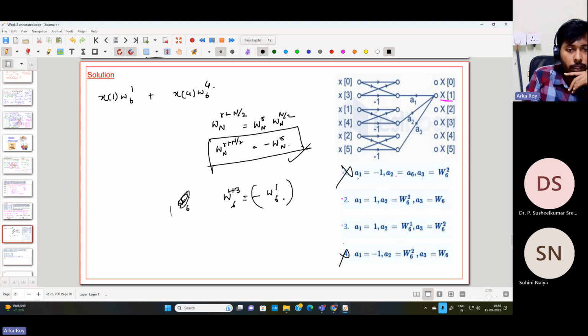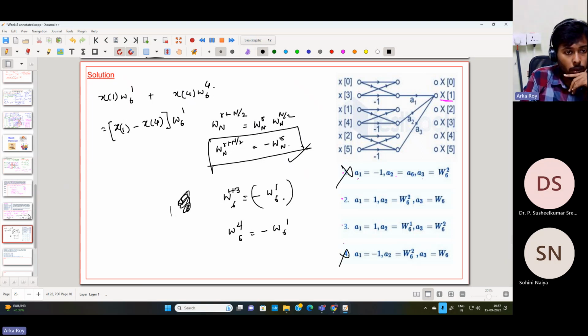So now I just need to find W6 1. So x of 1 minus x of 4, these two are the same, that means W6 4 is equal to minus of W6 1.